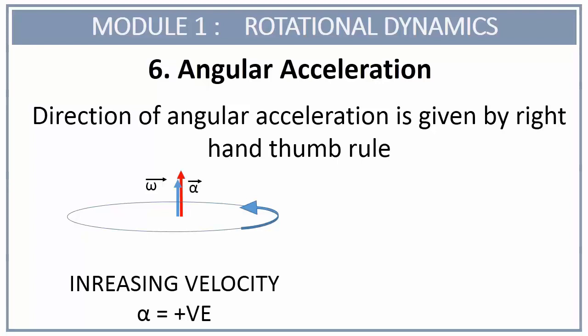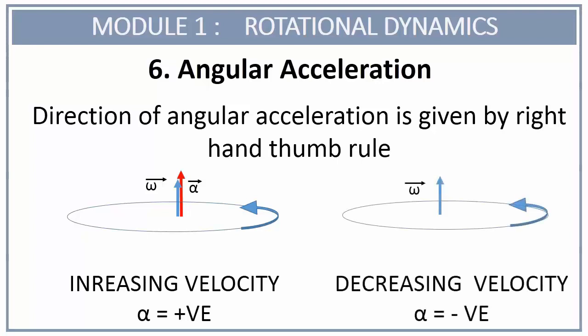Case number 2. If the particle is performing circular motion with decreasing velocity, we all know that if a body is moving with decreasing velocity, then its acceleration is negative, also known as retardation.